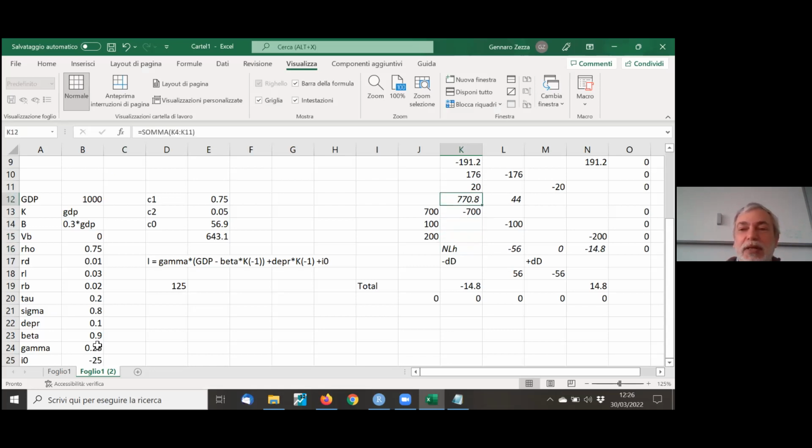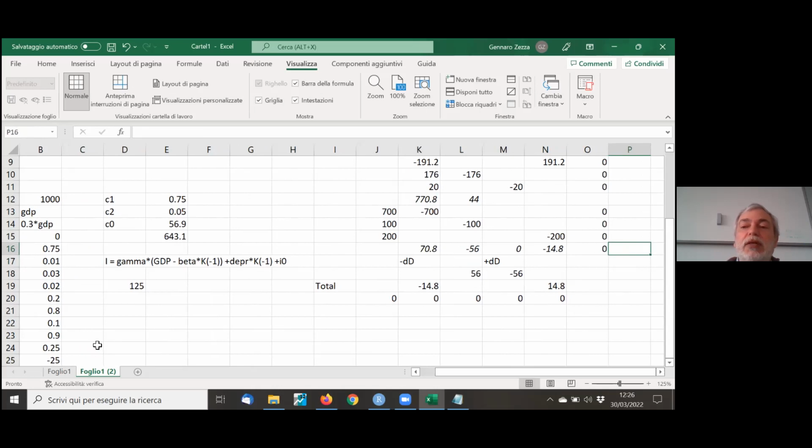Now, this NLH should be the difference between disposable income and consumption. If we've done everything correctly, when we sum up these numbers, we should have 0, and indeed we have 0. So now we need to check the flow of funds.